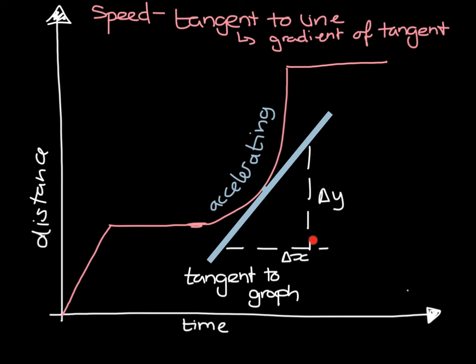So I draw in my triangle, I find the change in y, I find the change in x, read it off the scales, delta y divided by delta x, that gives me the gradient of the tangent. Now, in order to draw a tangent, what you want is to have a straight line that is angled so that it only touches the graph at the point you're interested in. And we'll practice that a little bit more in lessons.